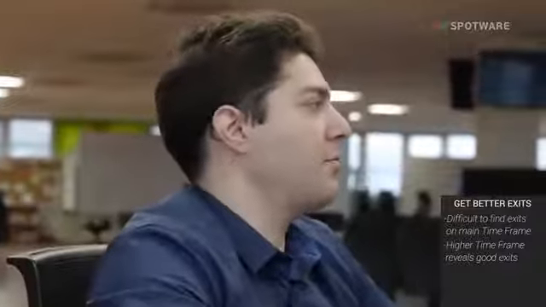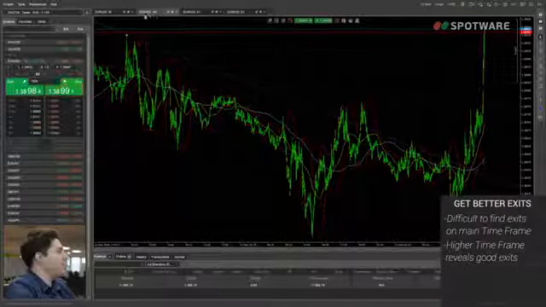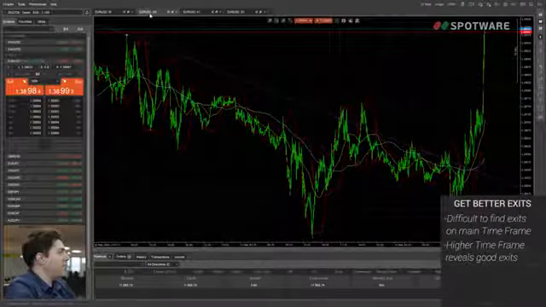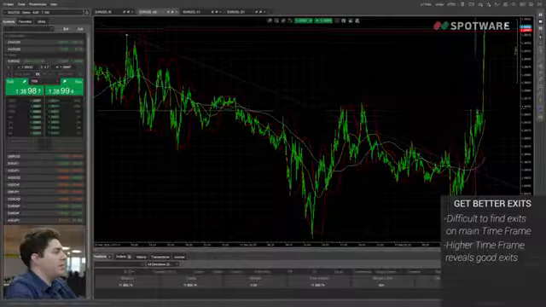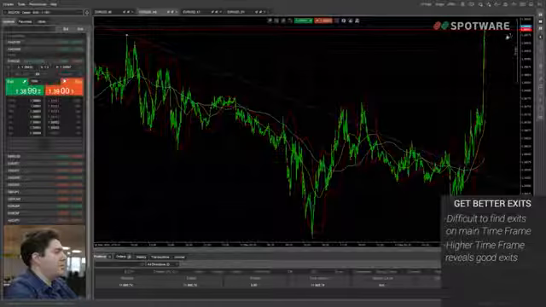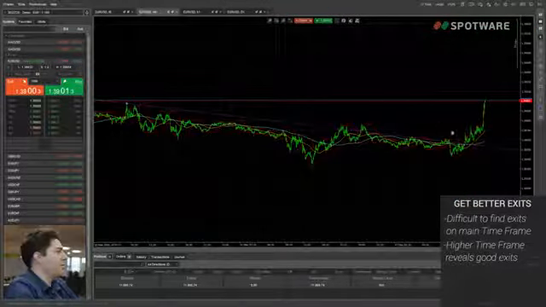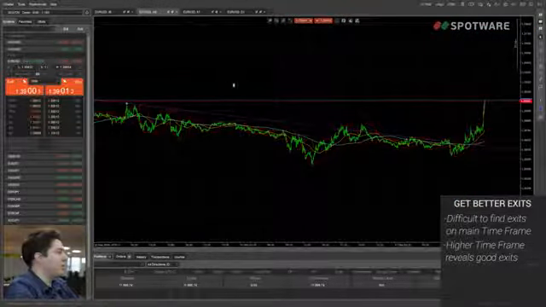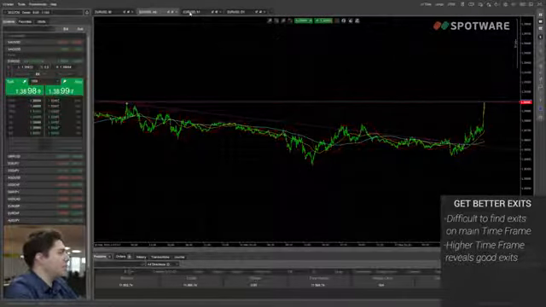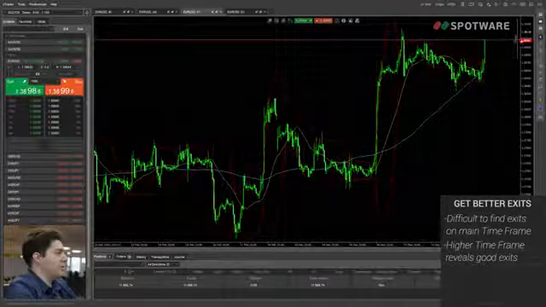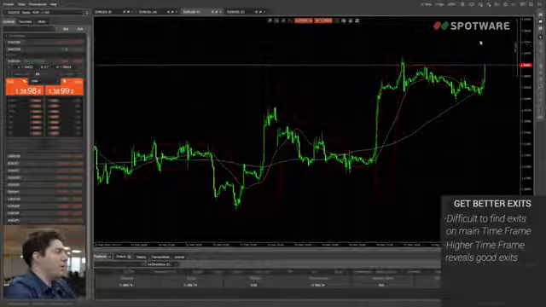Actually, this time I'm sure I can show you what I mean. So I'm here on the M5 time frame, like I was before, and let's say that I've entered long to get this trend. But as you can see, the trend will just continue. I have no support, no resistance levels, no nothing. I have no exit. What I can do is go to the higher time frame. This is a 1 hour time frame, and now I see more data.